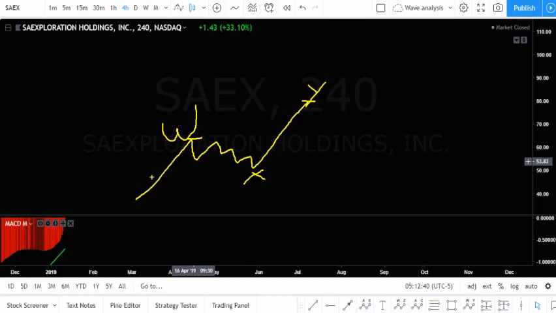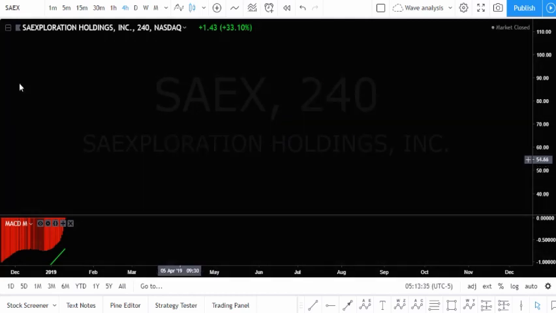If there is no divergence between these two impulses, we expect it to make another consolidation and another move up. And once this has happened, you will then label it WXYXZ for the complete 5-wave structure. So remember this, guys. When you get a 1, 2, 3 and there's no divergence, we'll label it WXY.